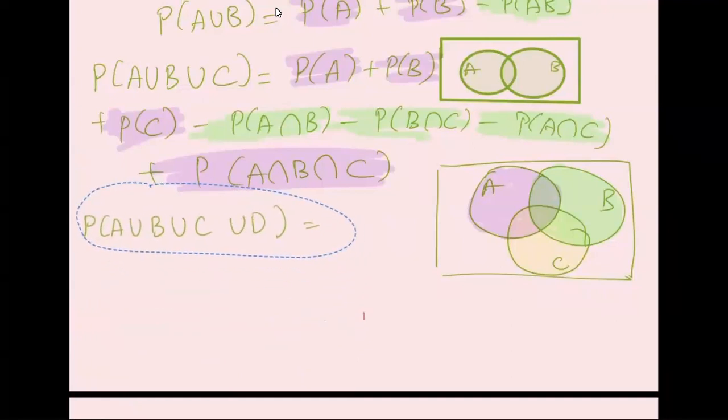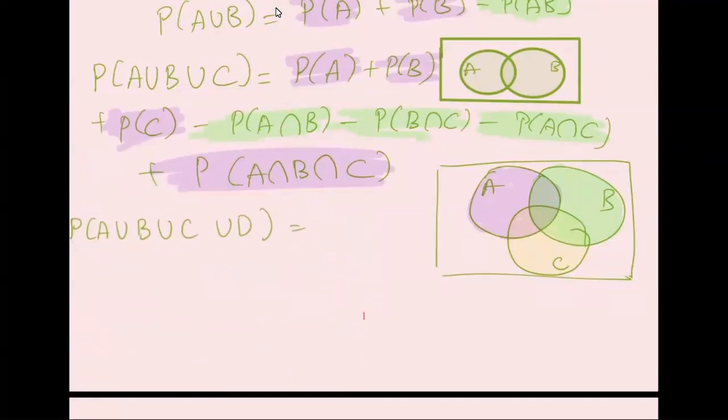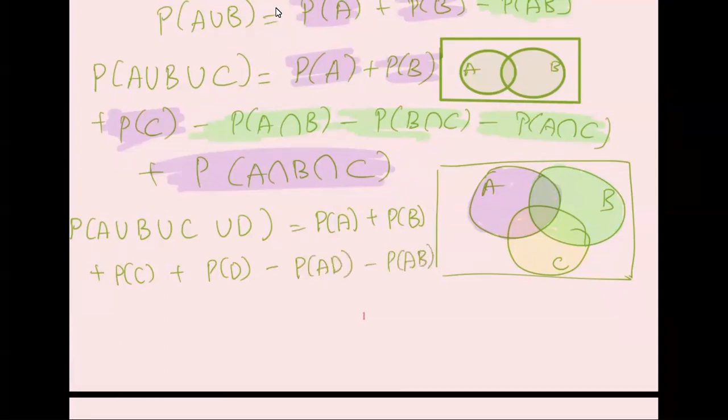For example, if you want probability of A union B union C union D, you can take probability of A plus probability of B plus probability of C and D. You have plus because each set is only 1. And then you subtract the pairwise intersections, AB, AC, and then BC, BD, and then CD.